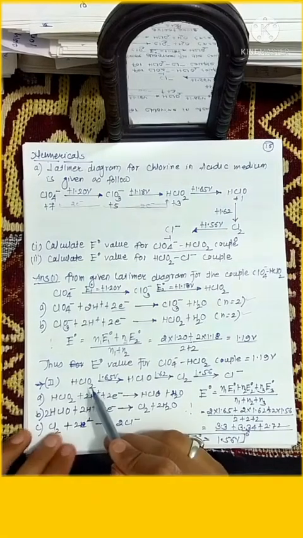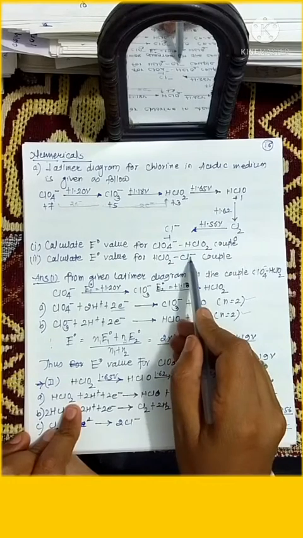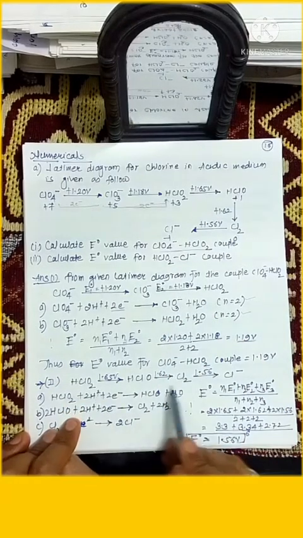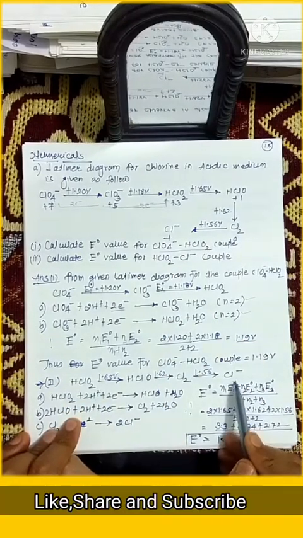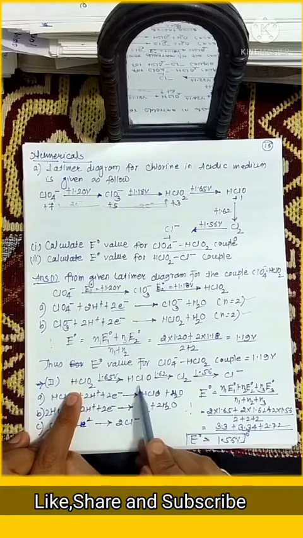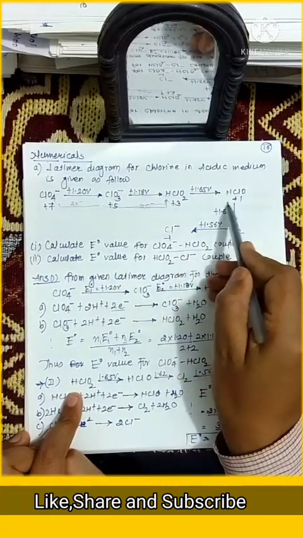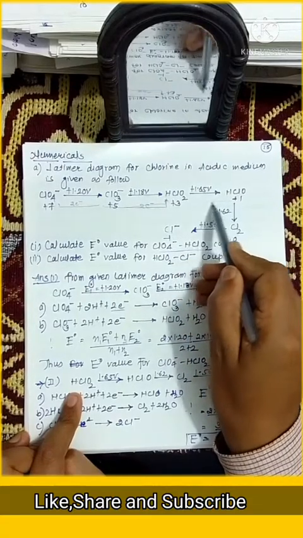So we are now going to calculate the value for the ClO2 to Cl minus couple. We write that reaction here, and now we have to check how many electron changes are happening in the reactions. From here to here it is 2 electron change.